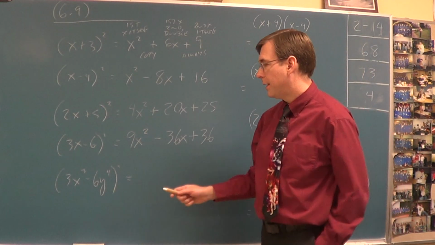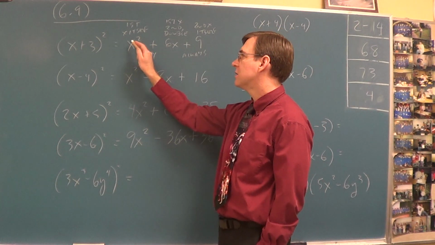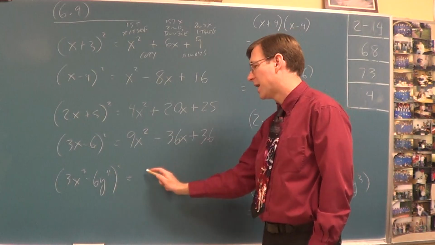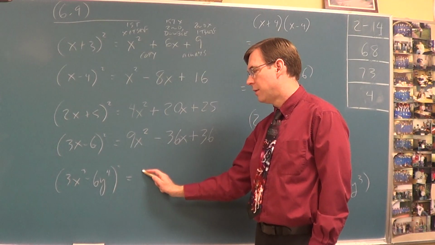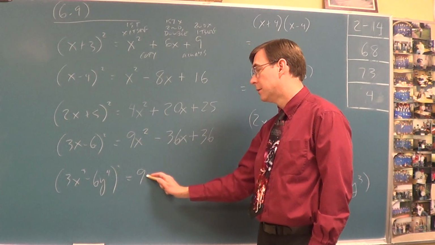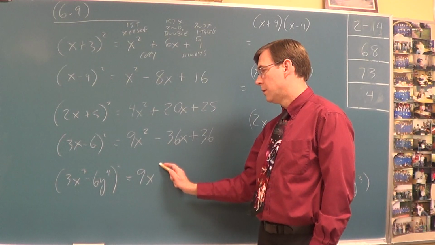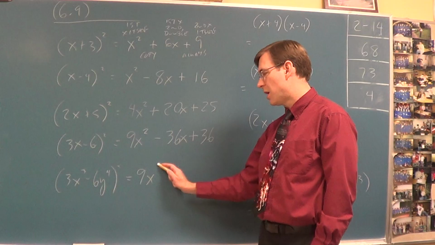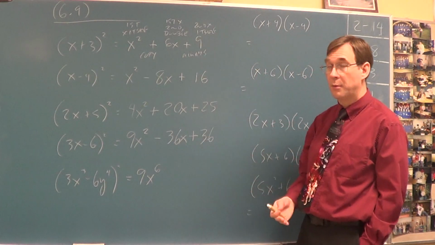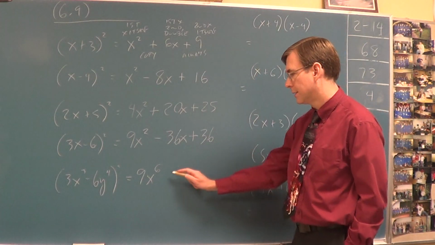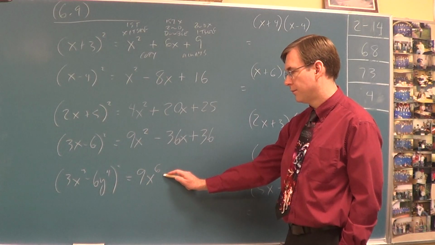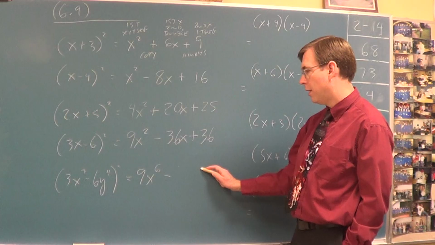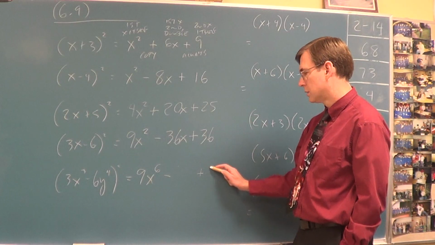We'll go one more time. So again, the pattern: take the first thing times itself. This time there's an exponent involved. There's a 9, x to the third times x to the third is x to the sixth, because when we multiply, we add. Minus to copy, later on positive as always.